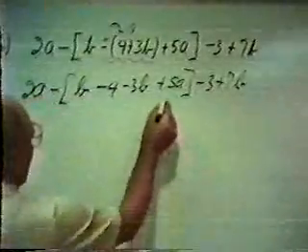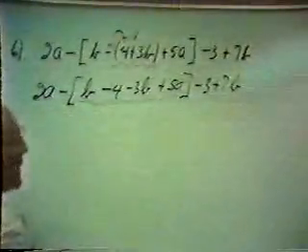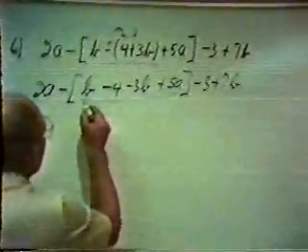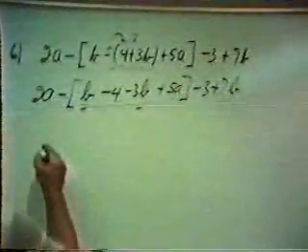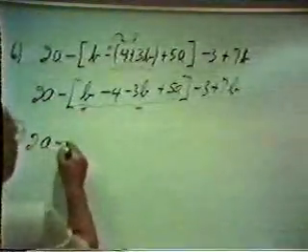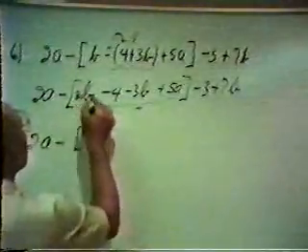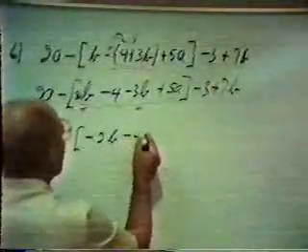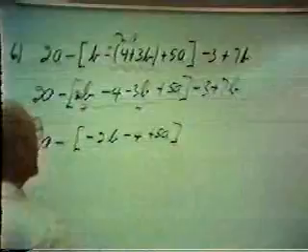Now, I'm still working in this area, taking care of like terms. Notice that I have some like terms, B and B. So I have then 2A minus, I have a plus B. Now I'm working on the inside here. Minus 2B minus 4 plus 5A.